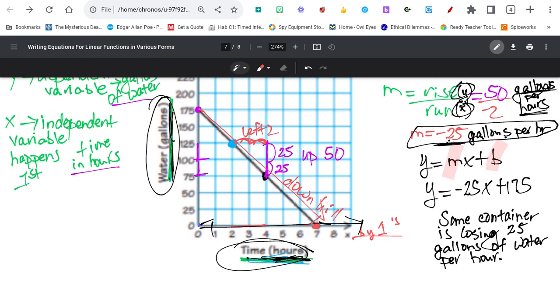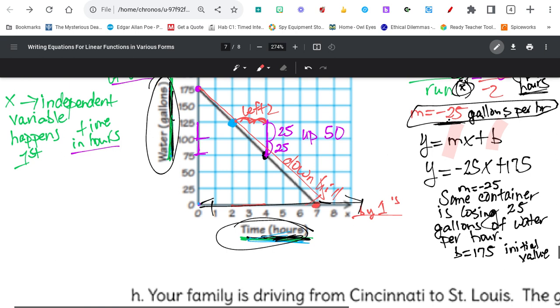But what's this 175 mean? This is my M of negative 25. What's my B of 175 mean? Well, this is what we call an initial value. So basically at 0 hours, and it's always at 0.